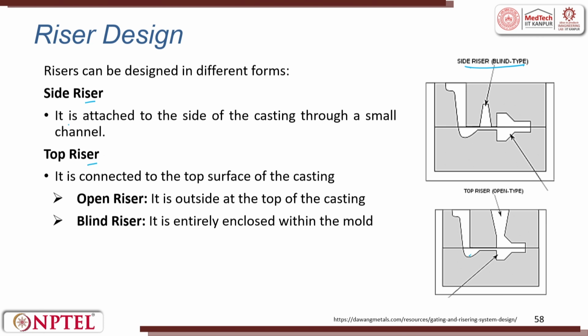The side riser is attached to the side of the casting through a small channel. The top riser is connected to the top surface of the casting. There are two types: one is called an open riser, the other is called a blind riser. The open riser is outside at the top of the casting. This is what is generally preferred.